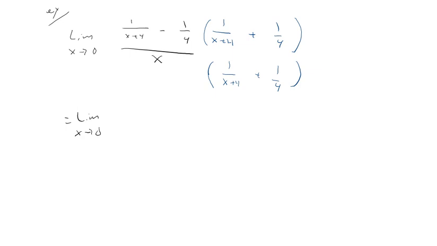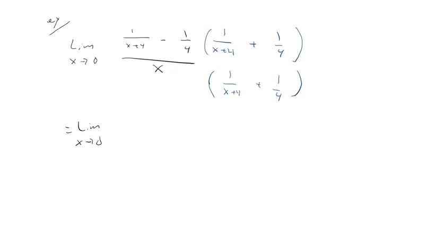Now we have to multiply 1 over x plus 4 times 1 over x plus 4. And then I'm going to do plus 1 over x plus 4 times 1 over 4, that's the second piece.